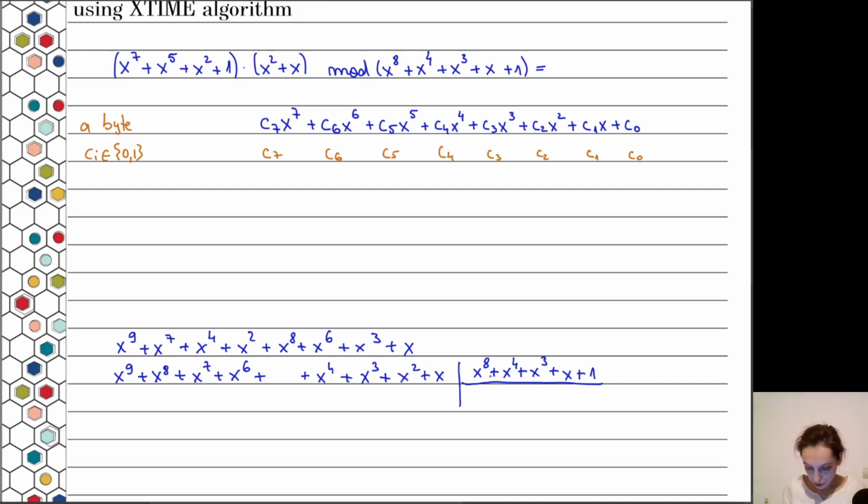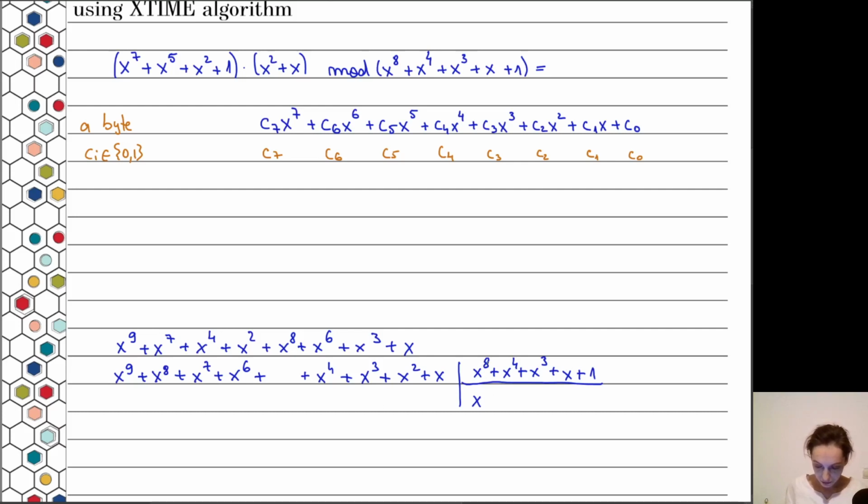So we want to see the remainder, and we will use the same method. 9 minus 8 is 1, so x powered by 1. We will multiply this irreducible polynomial by x. So we will have all these powers increased by 1.